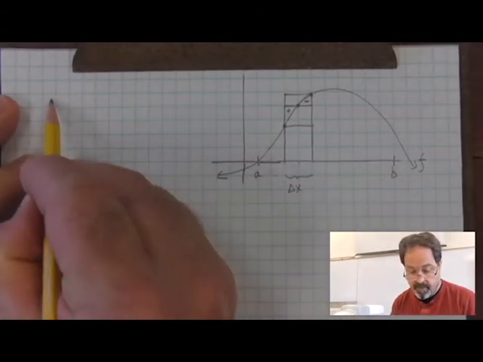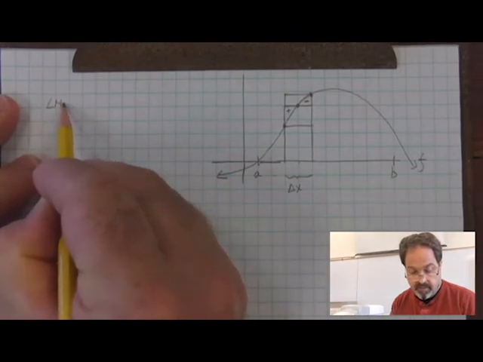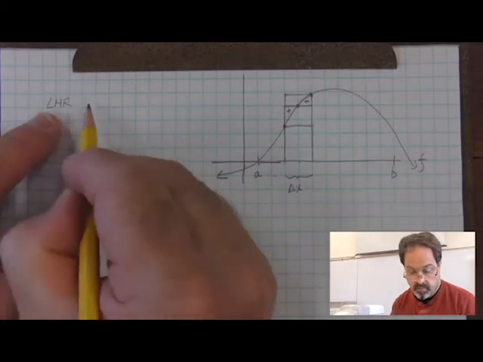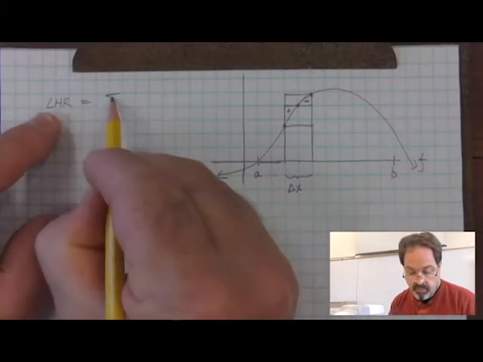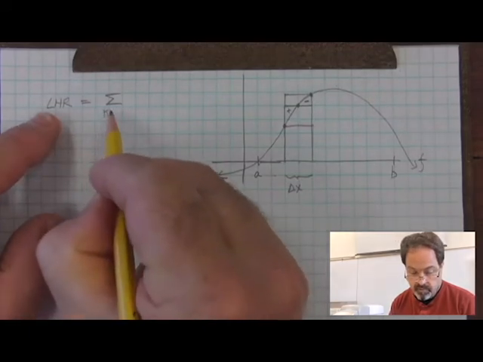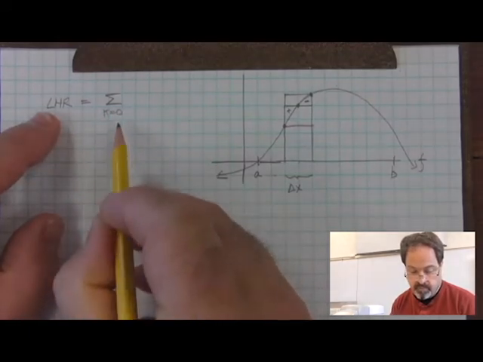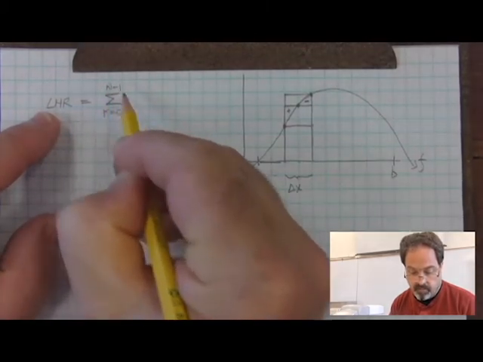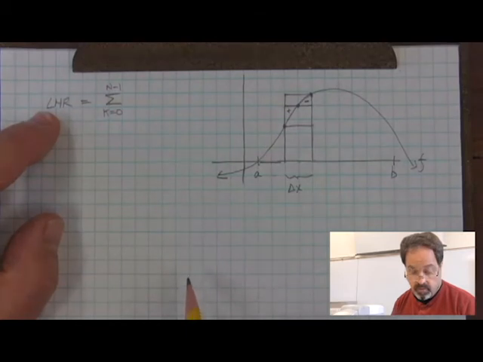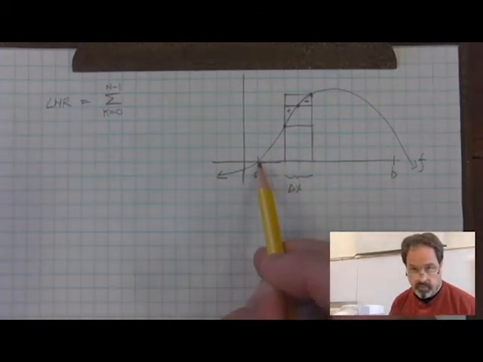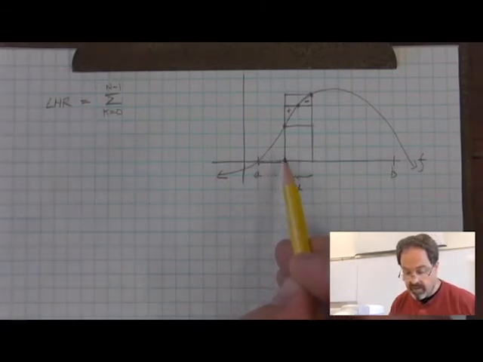Well, from the past, we know that the left-hand rectangle method, abbreviated LHR, as a Riemann sum in general terms, starts with a k-value of 0 and goes up to 1 less than the number of rectangles that you're going to use. A k-value of 0 means that we are not going to go, we're going to start by not going over by any delta x's.